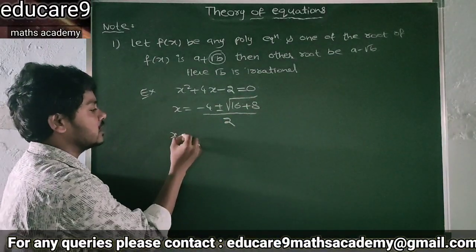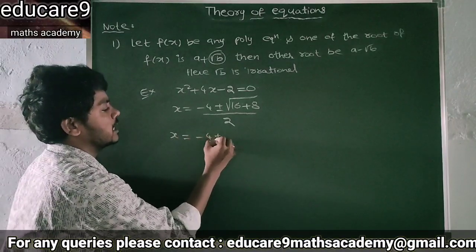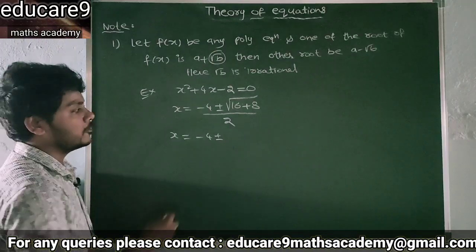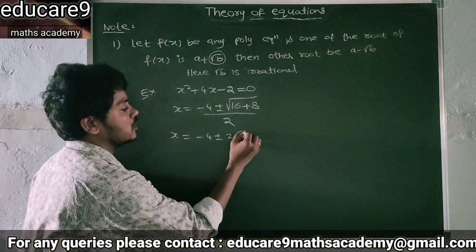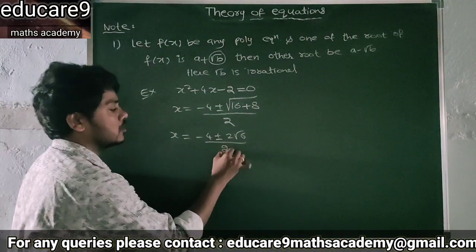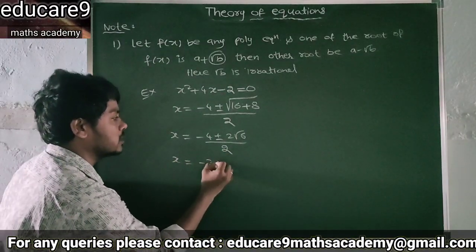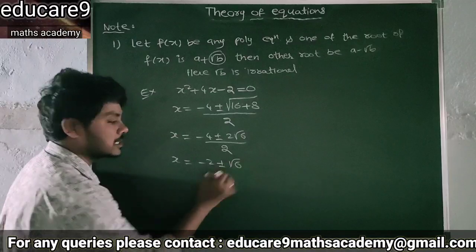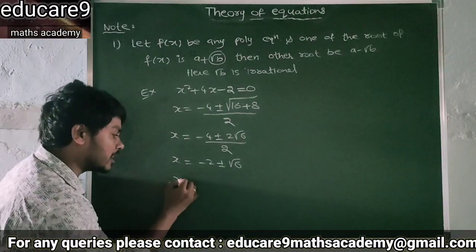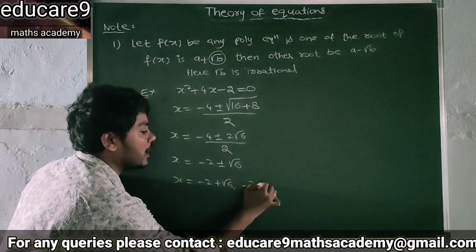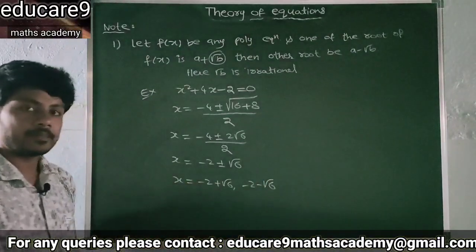So clearly x is equal to minus 4 plus or minus root 24 by 2. Root 24 is written as 2 root 6. So x is equal to minus 2 plus or minus root 6. So clearly the roots are minus 2 plus root 6, comma minus 2 minus root 6.